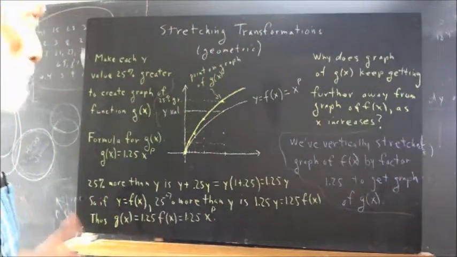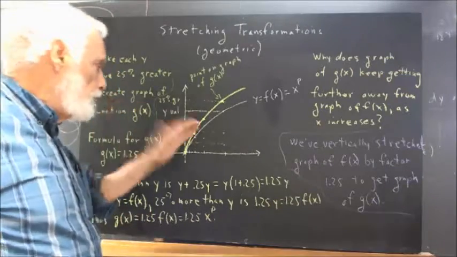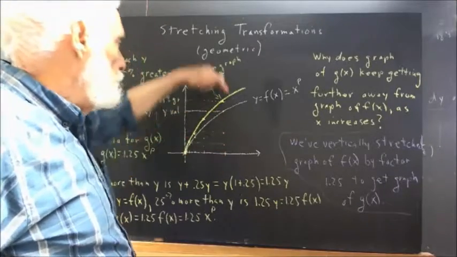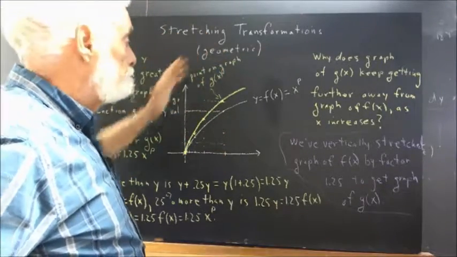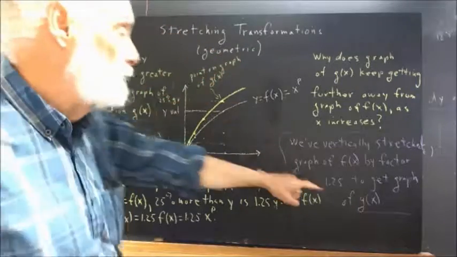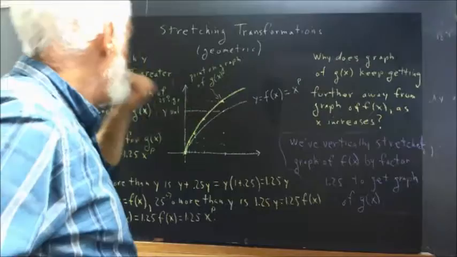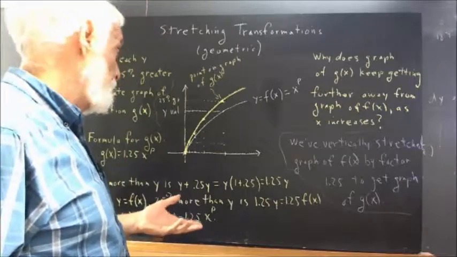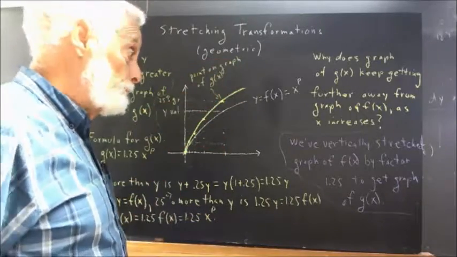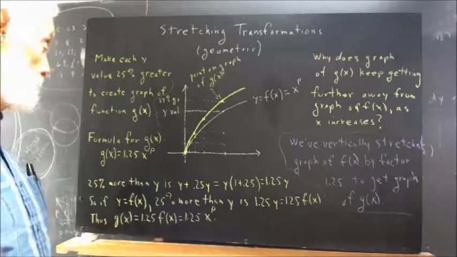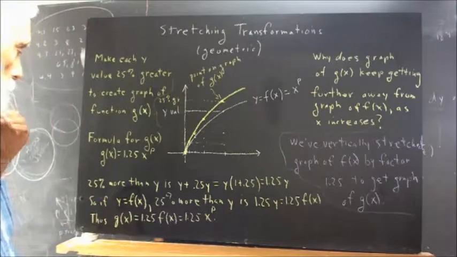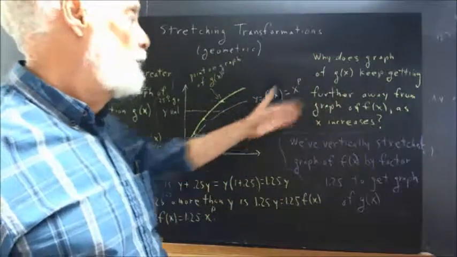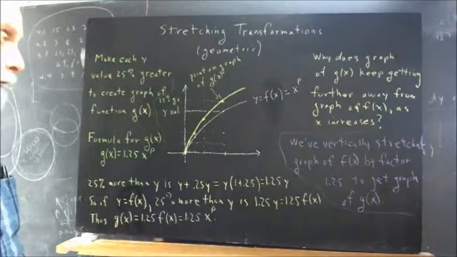When we vertically stretch by a factor, then as the y value of a function increases, the y value of the stretch function also increases. If the stretching factor is positive, the y value of the stretch function will also increase, and it will increase by more and more as the value of y gets bigger. Now you want to think through exactly why that happens and write out exactly why we can say that the graph of g of x in this case will keep getting further and further from the graph of f of x.